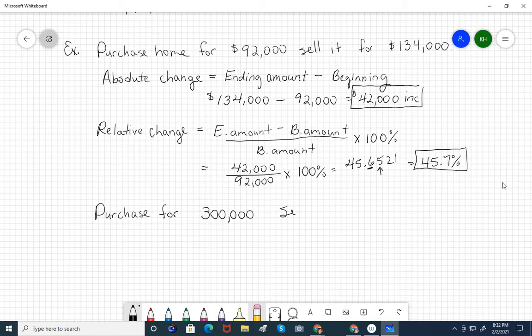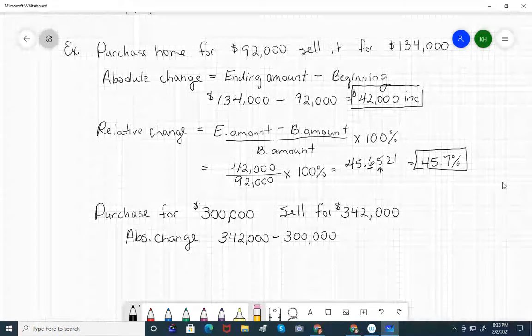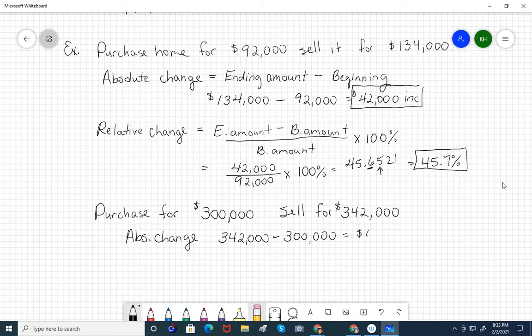And then you turn around and sell it for $342,000. Your absolute change is the exact same as the earlier example. 342,000 minus 300,000 is 42,000.